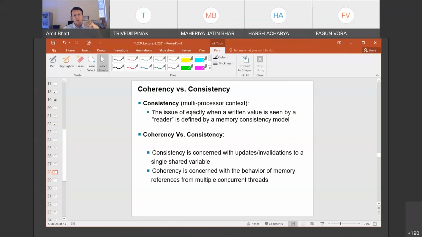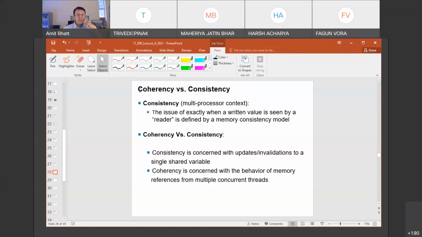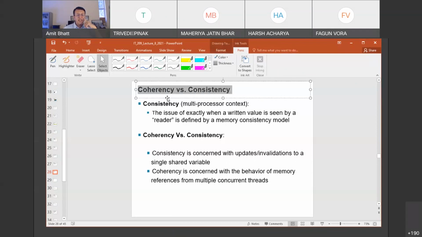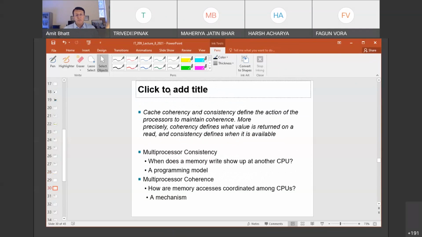I have given a lot of examples, but I'm not going to hold you responsible for coherency and consistency and knowing the difference. You would automatically start understanding this when you start doing systems programming and operating systems. I just wanted you to be aware of these two words, cache coherency and cache consistency. But right now we are only going to concentrate on cache coherency: when other caches are going to see the changes which have happened in a particular cache.